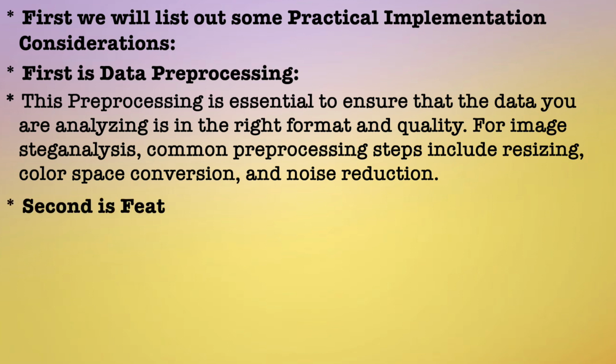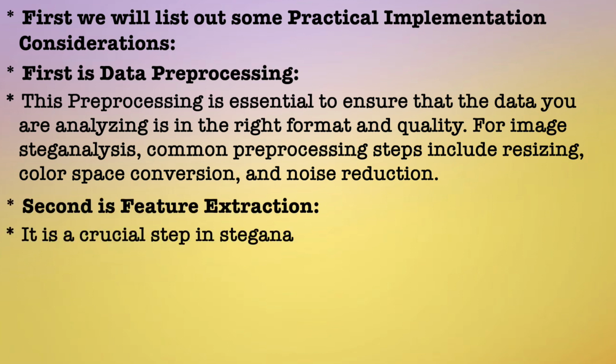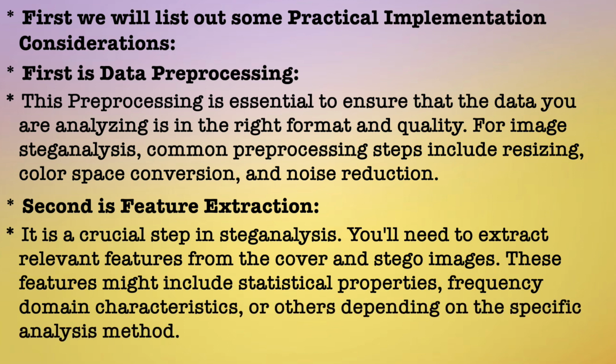The second is feature extraction. It is a crucial step in steganalysis. You will need to extract relevant features from the cover and stego images. These features might include statistical properties, frequency domain characteristics or others, depending on the specific analysis method.